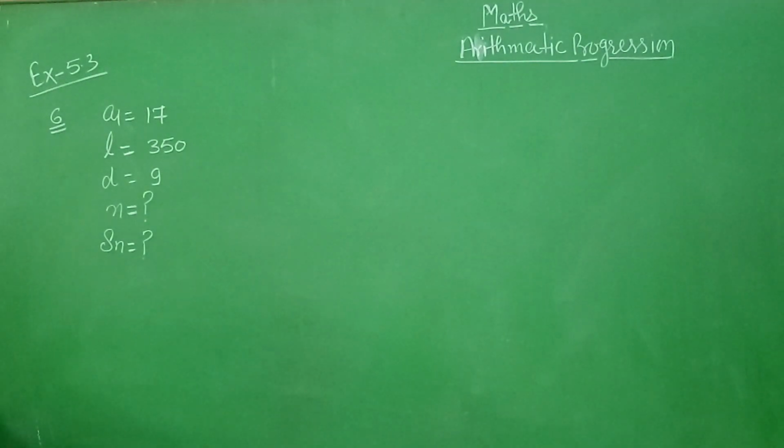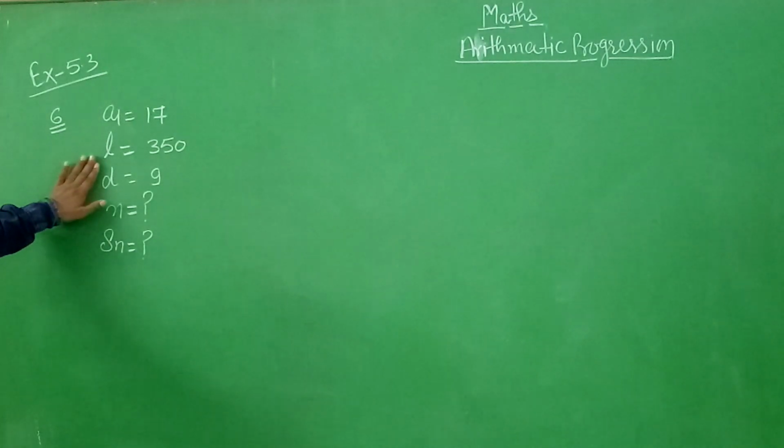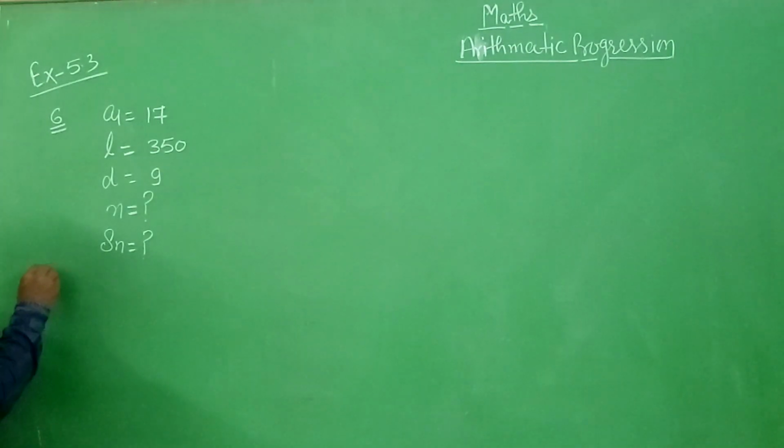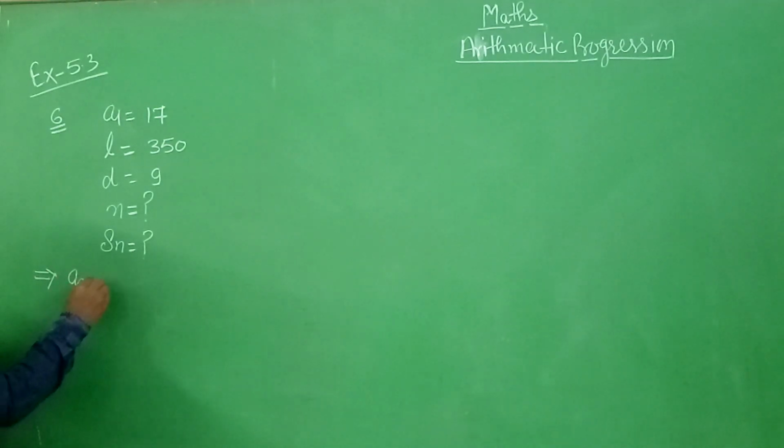So here the first term is given, the last term is given, and D is given. First it is necessary to find the value of n. So you apply the formula for the nth term, an.